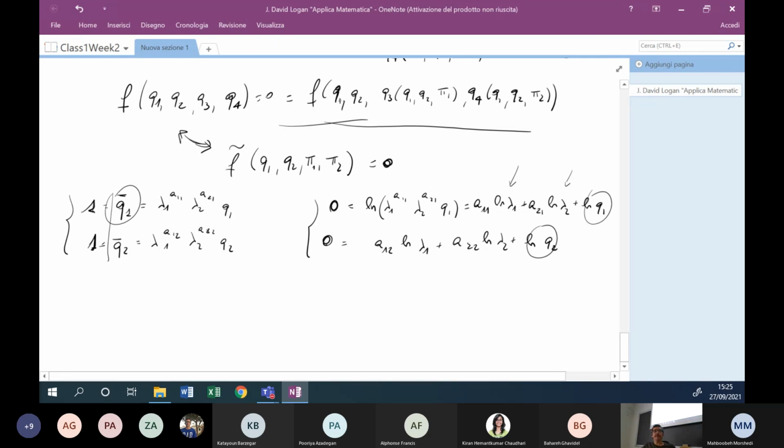And the corresponding matrix of the coefficients is A11, A21, A12, A22. Basically this is just the matrix of the coefficients of these two equations.